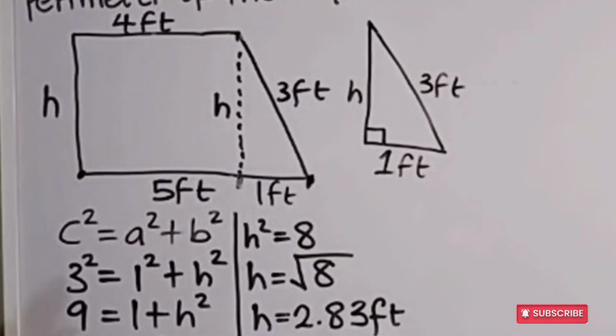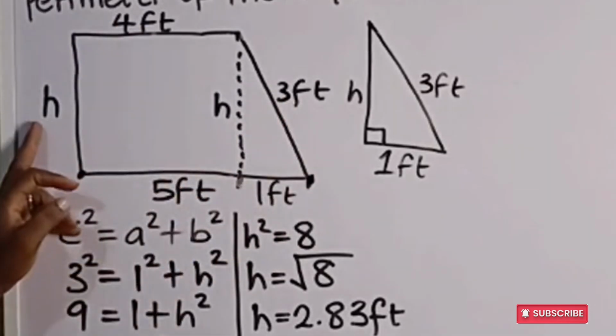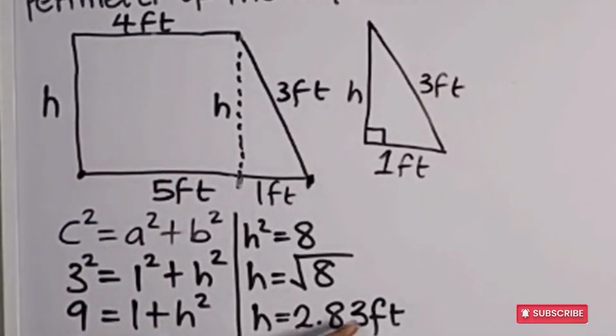Remember, the perimeter is simply adding all the sides together. So the perimeter can be found by adding this plus this plus this plus h. Now we know that h is 2.83.